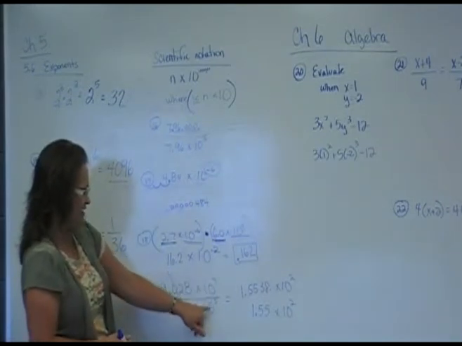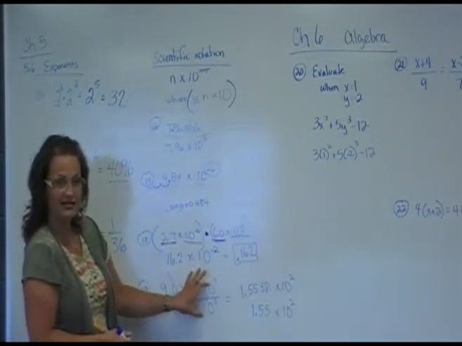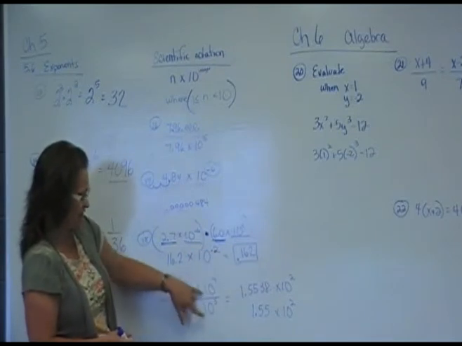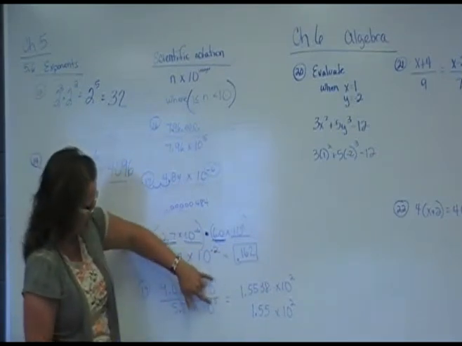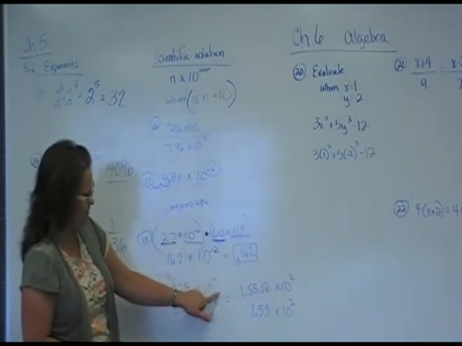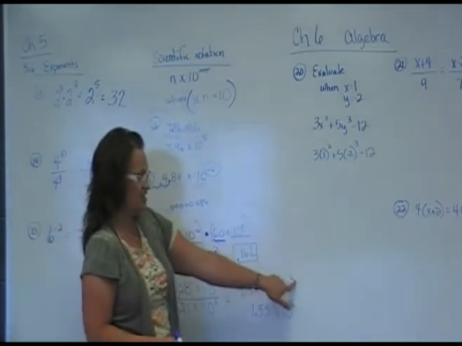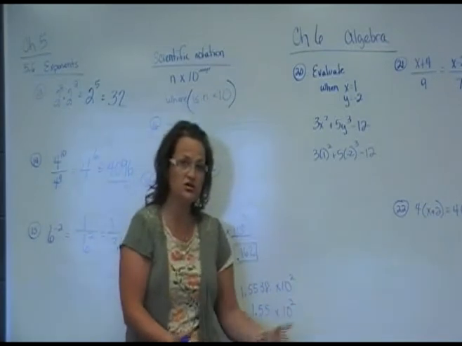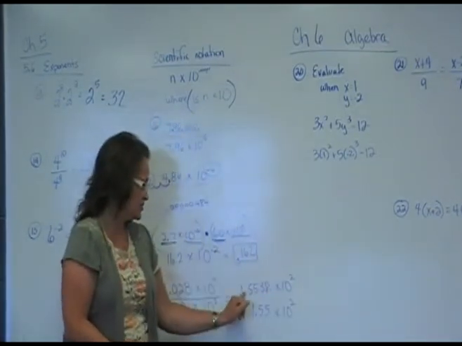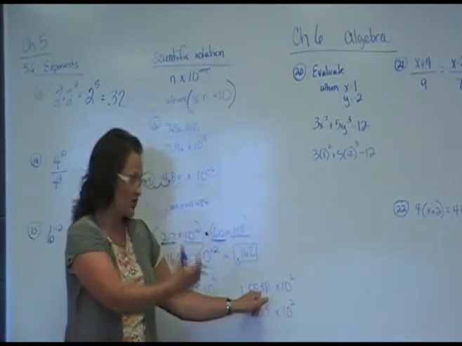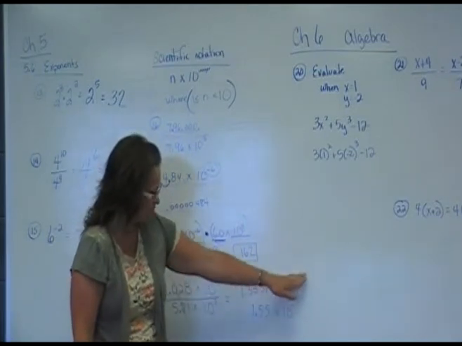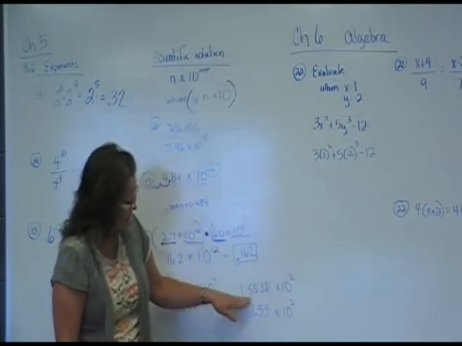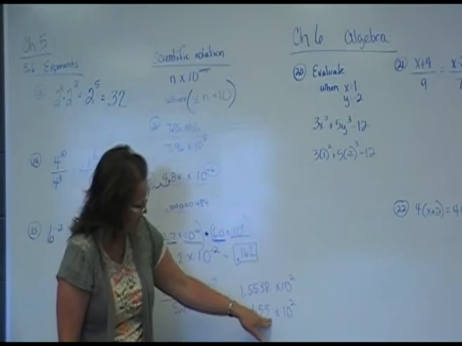And then dividing this, remember, when you divide exponents, subtract. Dividing with like bases, exponents subtract. So 7 minus 5 gives you 10 to the second. And then that's like saying times 100. It's a positive exponent, so it moves the decimal over towards the right, makes it bigger, because we're multiplying by a positive amount. So it's 1.55.